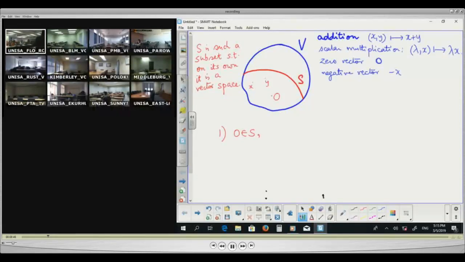And if I take a scalar lambda and any member from S, by the same token, this must be here. Right? Now let's see, the moment we assume these three properties of S, it immediately follows that if x is a member of S, then minus x is a member of S also. Why? Why does this follow?